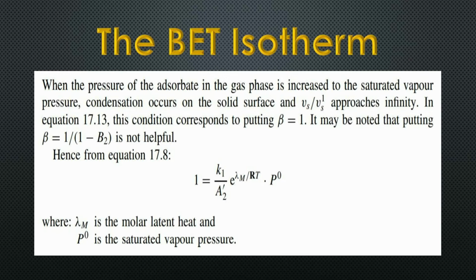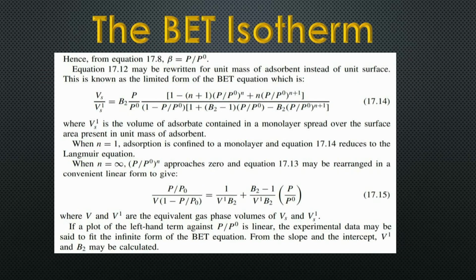B1 is equal to K1 over A'2 times e raised to the quantity lambda_m over RT, times P0, where lambda_m is the molar latent heat and P0 is the saturated vapor pressure. Hence, from equation 17.8, beta is equal to P over P0. Equation 17.12 may be rewritten for unit mass of adsorbent instead of unit surface.